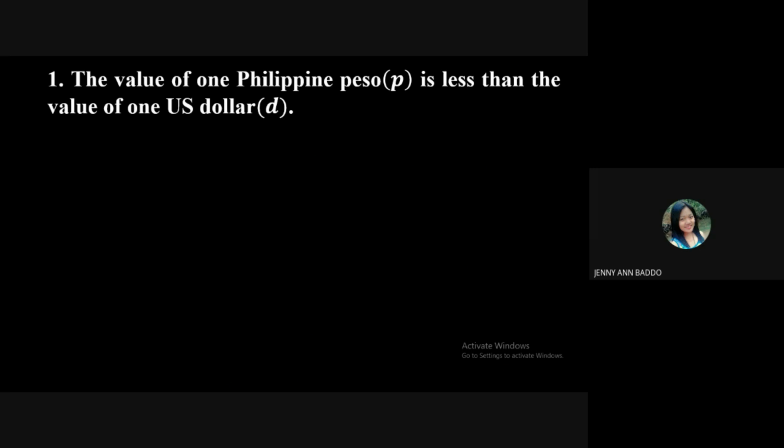So to change this into a mathematical expression, first we have to have P, small letter P. That is the value of 1 Philippine peso. Next, we have is less than. In symbols, that is like this. And then, the value of $1 to be represented by small letter d. So we have small letter d. So that's P is less than d. Now, is that a linear inequality in two variables or not?